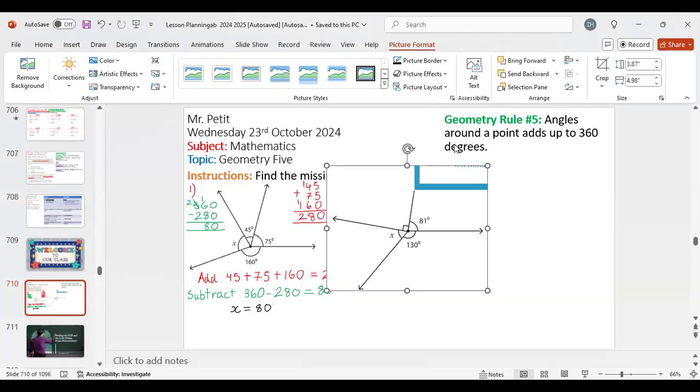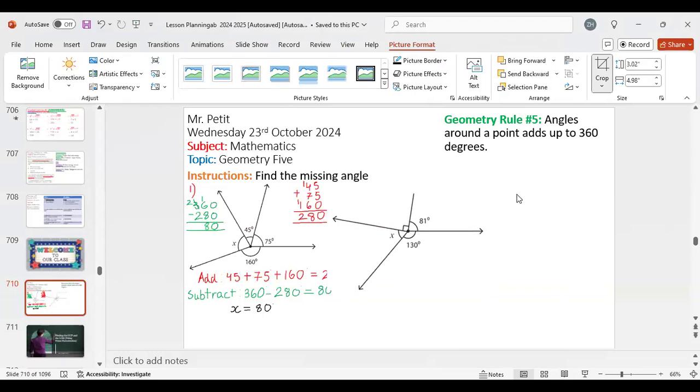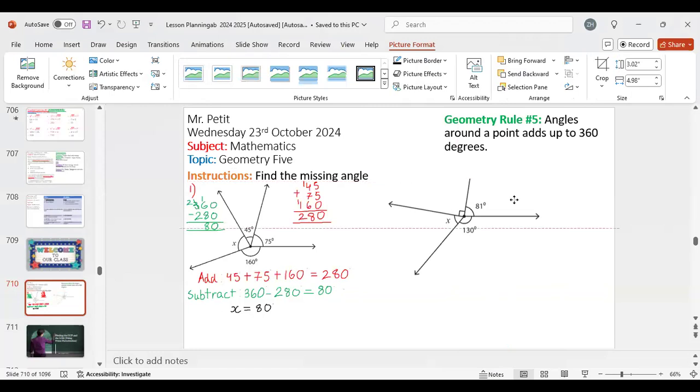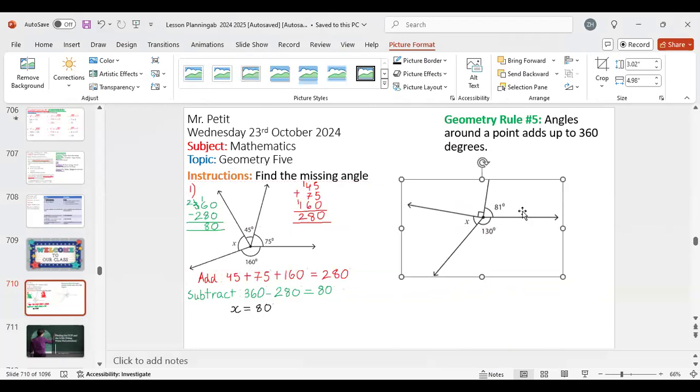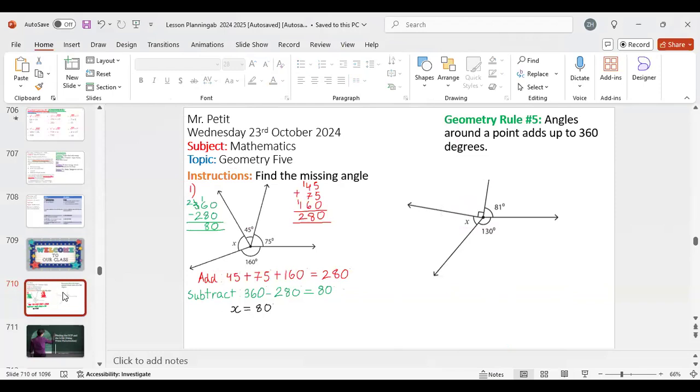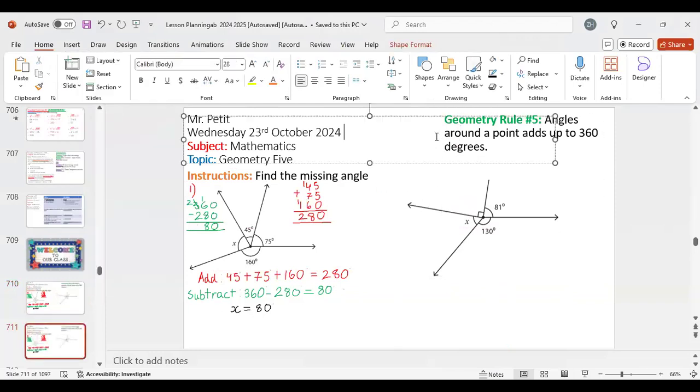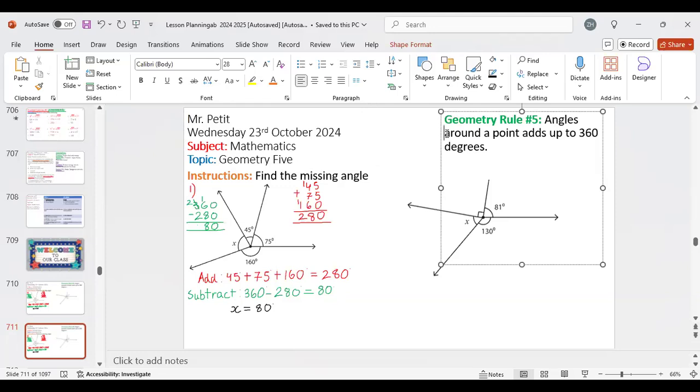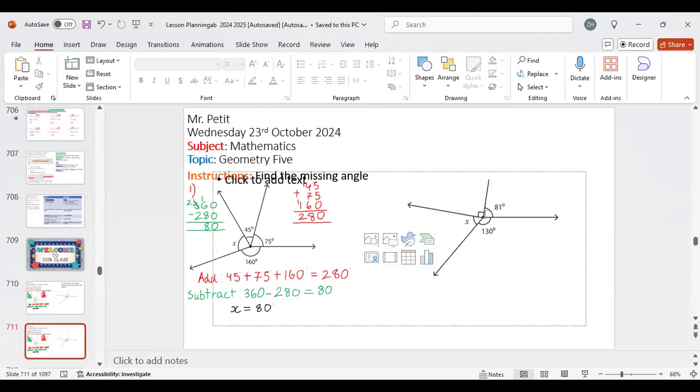So let me move this. We'll fix it for you. All right, so we're going to call this number, and let me move this ruler. I'm going to put this above. Can I? Yes, I can.